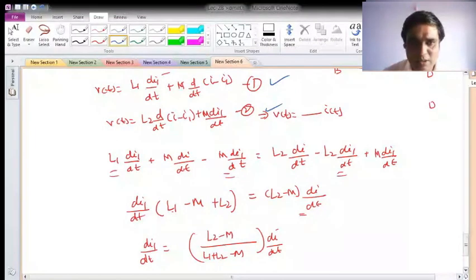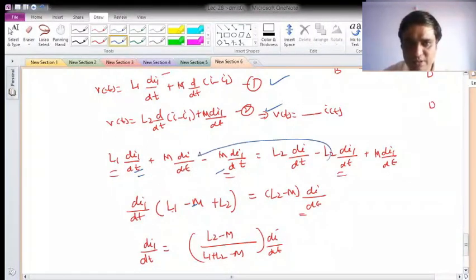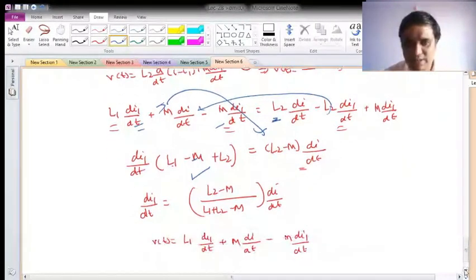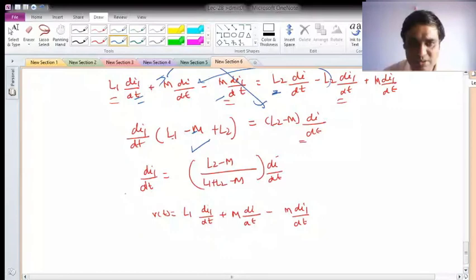Then I will collect all the terms in di1. So L1 di1, then minus M di1, and L2 I will shift here. On the right side I will write only di, so on the right side L2, and this M I am shifting here. So di1 by dt I can make it this way, and now I can put this di1 by dt in this equation.